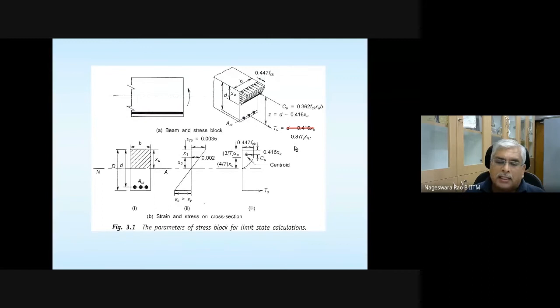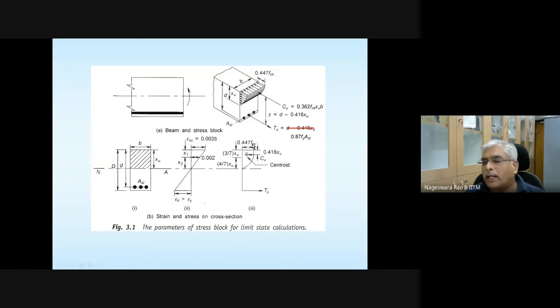Based on the strain diagram, we know the extreme fiber strain, which is limited to 0.0035, and once we have the strain diagram, we can find the stress diagram. Also, we know the grade of concrete we want to use, so we have the entire stress distribution here.